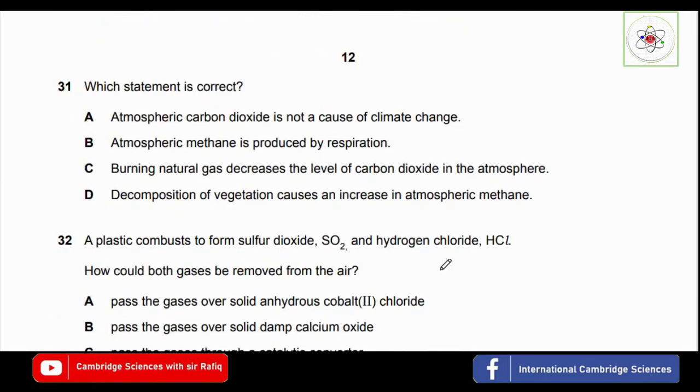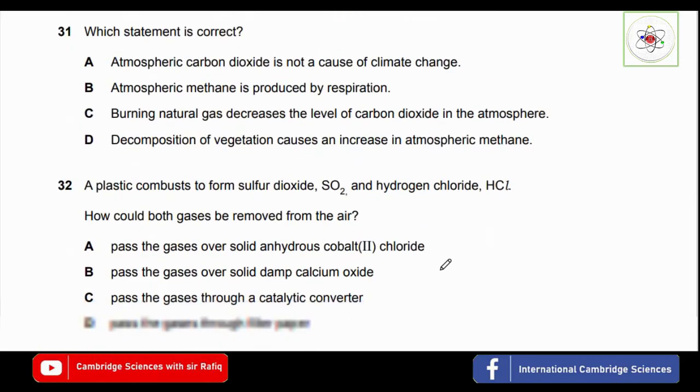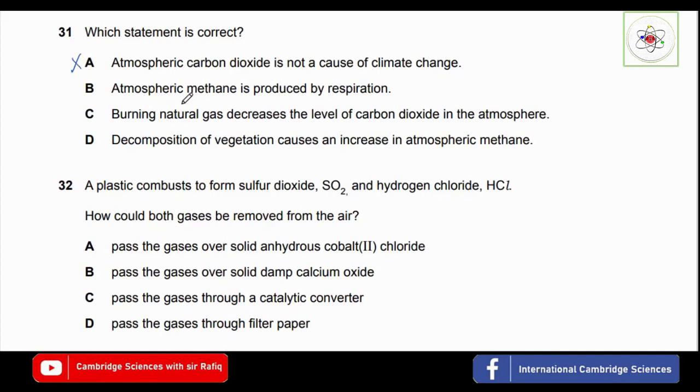Which statement is correct? Atmospheric carbon dioxide is not a cause of climate change. Atmospheric carbon dioxide is in fact a cause of climate change. Atmospheric methane is produced by respiration. Atmospheric carbon dioxide is produced by respiration, right? Burning natural gas decreases the level of carbon dioxide in the atmosphere.